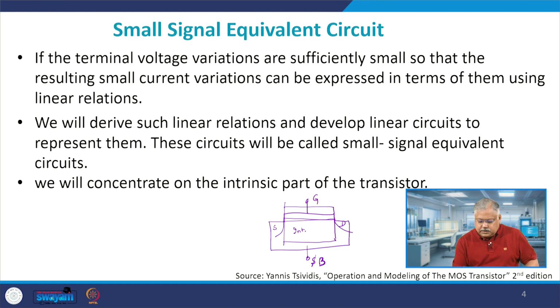This is intrinsic, where you actually have the current flow, and anything outside this is basically my extrinsic part. The intrinsic part takes care of the active area of the device, where the current is actually flowing. Though the current is also flowing in the source and drain region, the origin of the current is primarily in this region near the silicon dioxide interface.